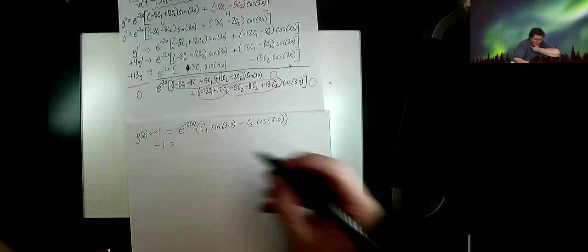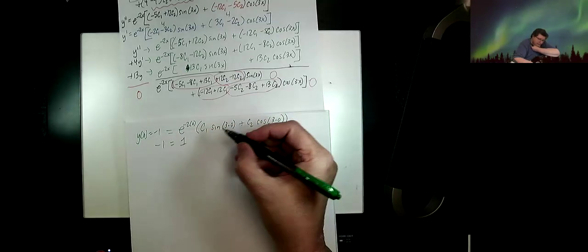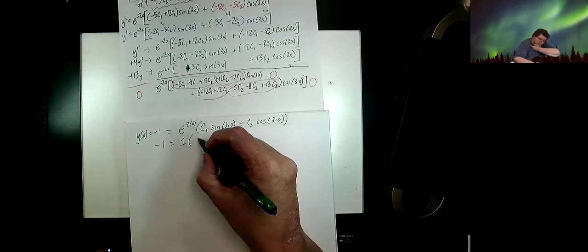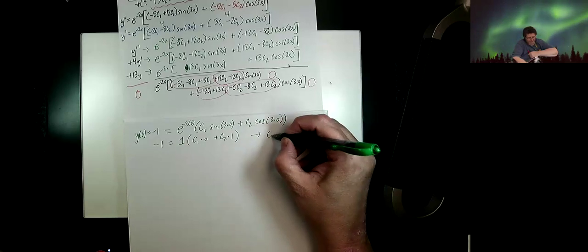So -1 equals 1 times C1 times 0 plus C2 times 1. Looks like C2 equals -1.